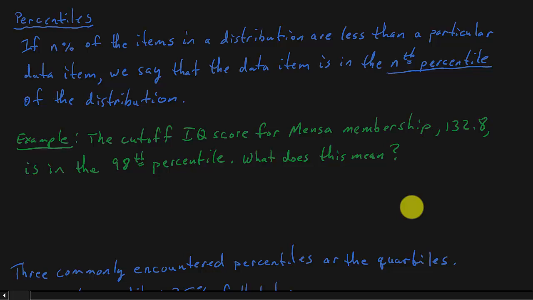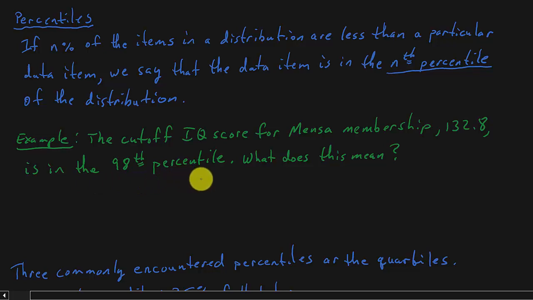There are really no problems we're working or anything like that, just an explanation of what it means. It says the cutoff IQ score for Mensa membership, 132.8, is in the 98th percentile.